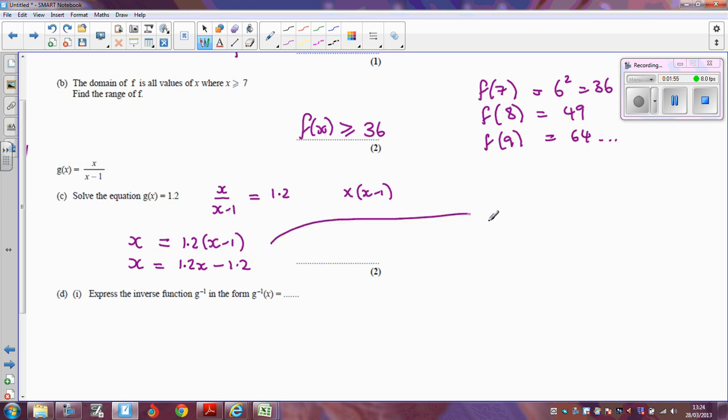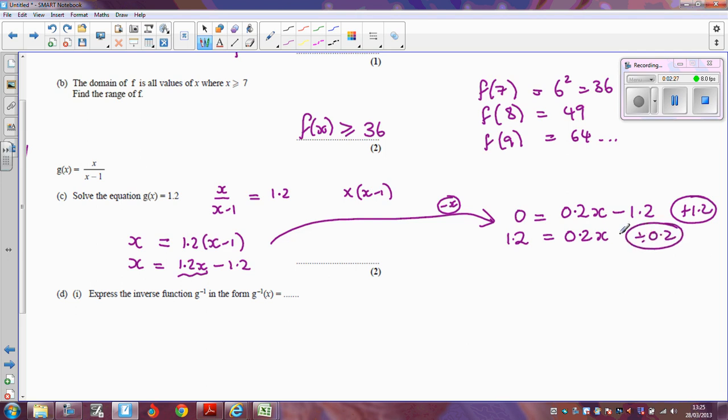Now what I'm going to do is collect the x's on one side. So let's subtract x from both sides. If I subtract x from the left-hand side, I'm left with 0. Subtract x from the right-hand side, 1.2x take away x is 0.2x, and that's minus 1.2. If I now add the 1.2 to both sides, I get 1.2 equaling 0.2x, and now I'm going to divide both sides by 0.2.